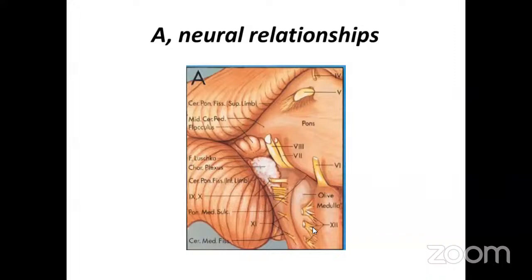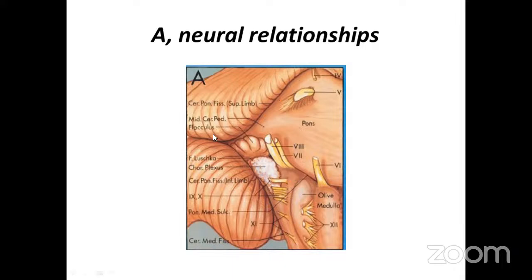The glossopharyngeal nerve arises from the anterior part of the olive, and these nerves originate from the posterior part of the olive, that is part of the medulla. And the abducens nerve arises from here, the medullary sulcus, and lies more medially. So this is the relationship of the nerves from the anterolateral direction.